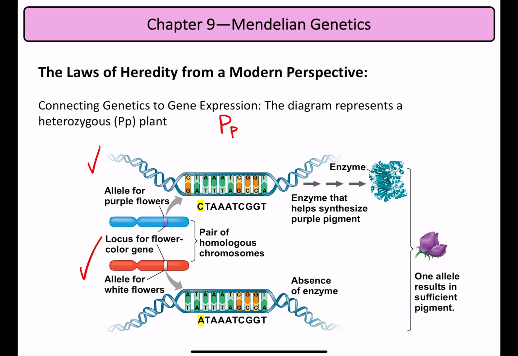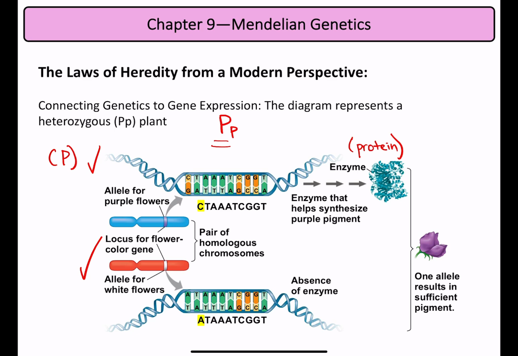if you look at this, here's the big P allele on the top, right? That allele codes for a protein, in this case an enzyme, and the job of that enzyme is to deposit purple coloration, purple pigment, a purple molecule, into the petals of the flower.